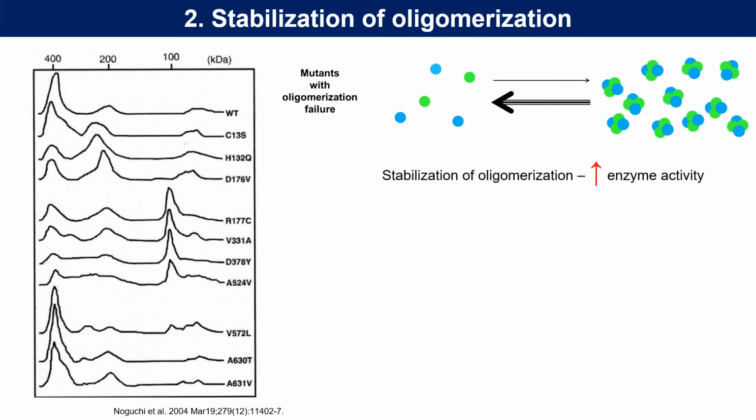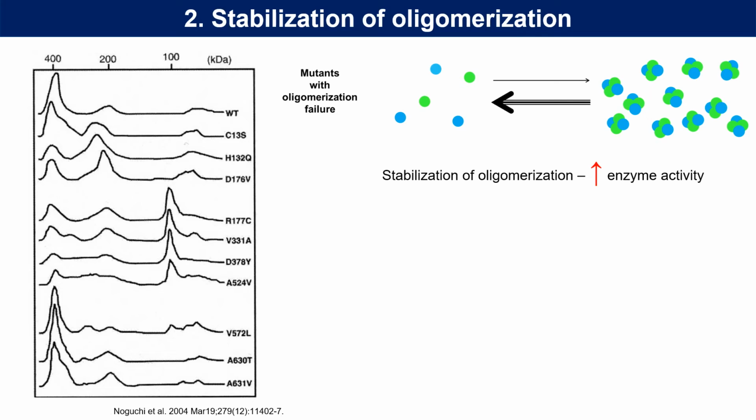And this left figure is the immunoreactive patterns of cross-linked products. The horizontal axis represents the size of the protein. So when the GNE protein forms the highest oligomer, the peak of the mountain would be here at 400 kilodalton.